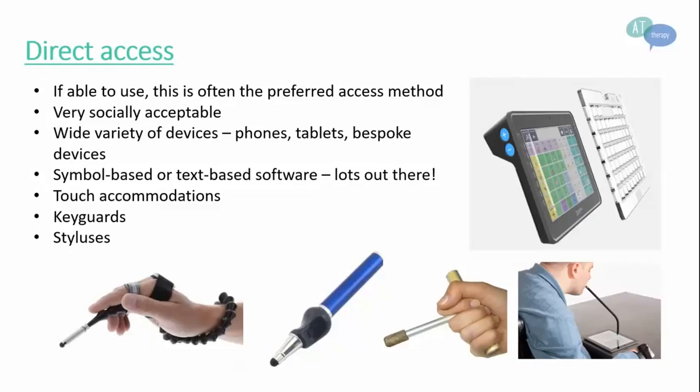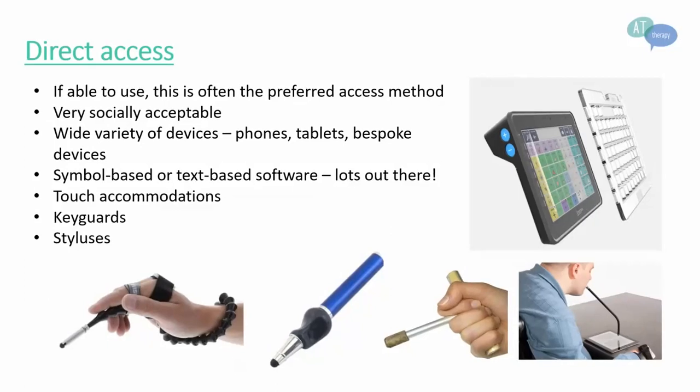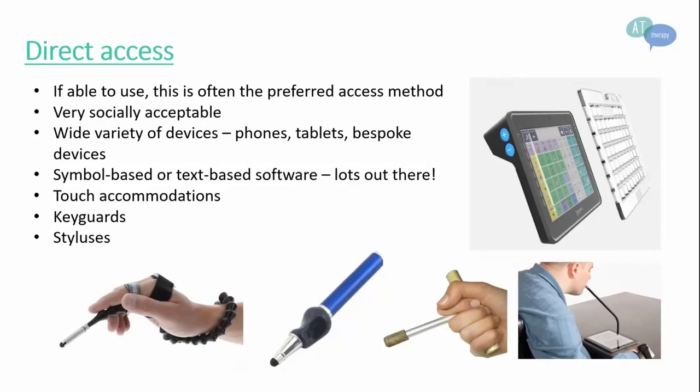So thinking about direct access then, the touch accommodations is something that some of those, like tablets and iPads and things, will already have these settings in there. So we can make things easier for direct access use, which can be really good. So for example, on the iPad, you can set it so that it ignores light touches.